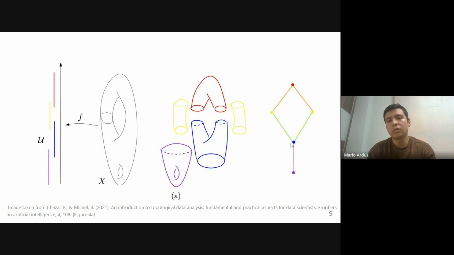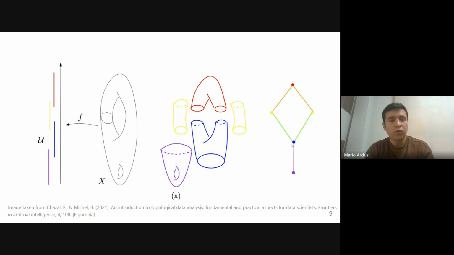This would be an application of how a simplicial complex can describe the information. But as we are saying, in this case, we are not taking features, we are just taking qualitative data out of this way of organizing our data points.